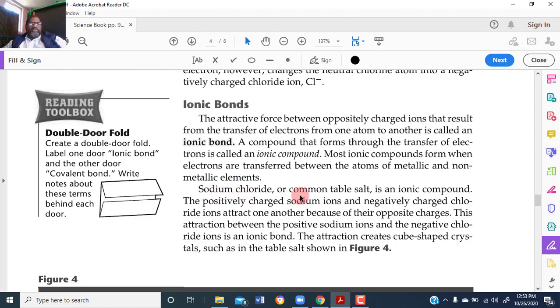Sodium chloride, or common table salt, is an ionic compound. The positively charged sodium ions and negatively charged chloride ions attract one another because of their opposite charges. This attraction is an ionic bond. The attraction creates cube-shaped crystals, such as in the table salt shown in figure 4.